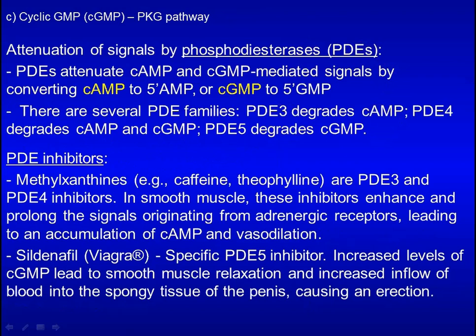PDE5 degrades cyclic GMP. Methylxanthines such as caffeine and theophylline are PDE3 and 4 inhibitors. In smooth muscle, these inhibitors enhance signals from adrenergic receptors, leading to accumulation of cyclic AMP and vasodilation.